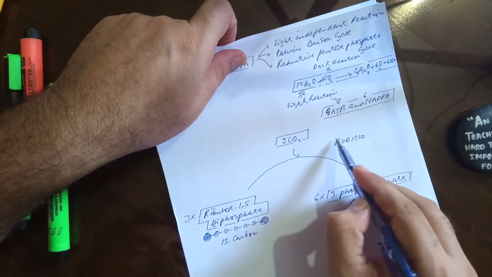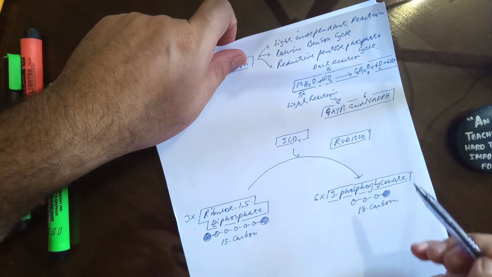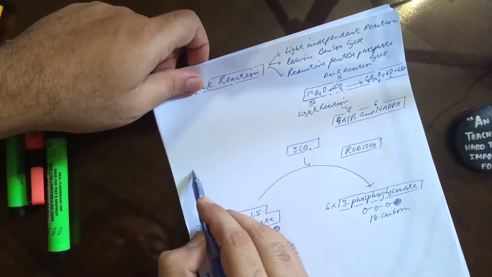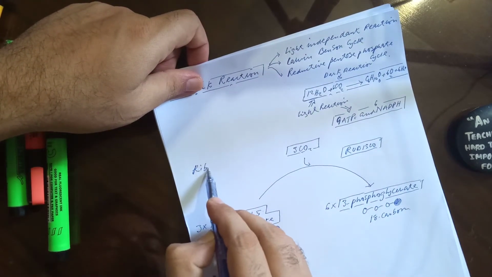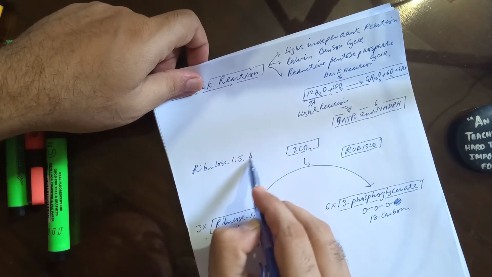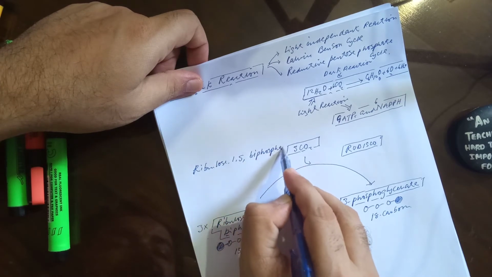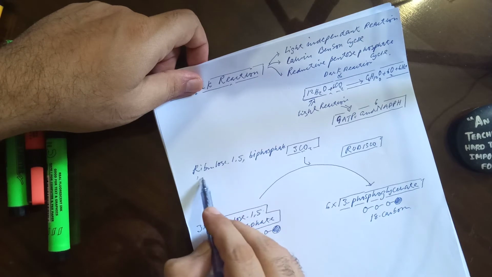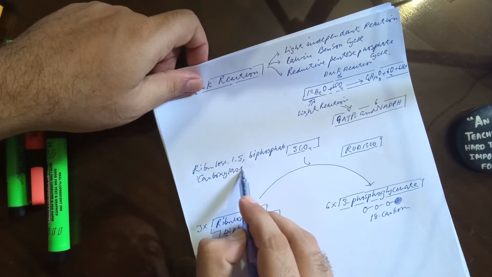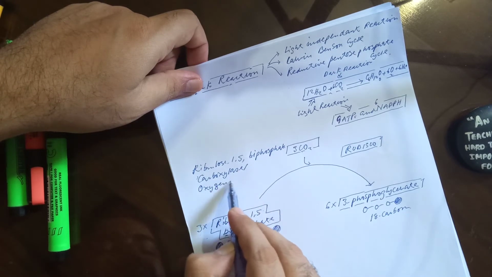Why would you call it Rubisco? There is a reason behind it. It's actually ribulose 1,5 bisphosphate carboxylase oxygenase.